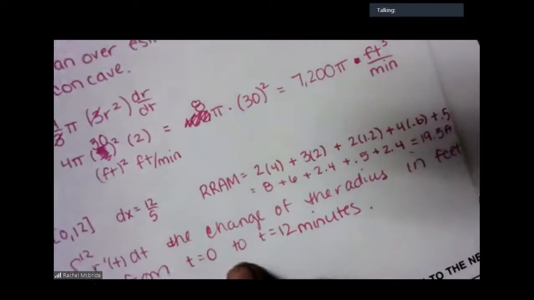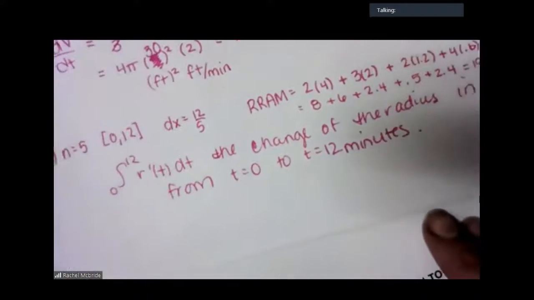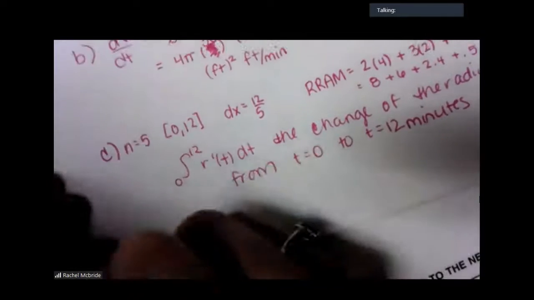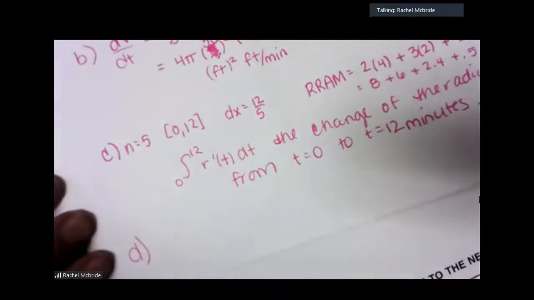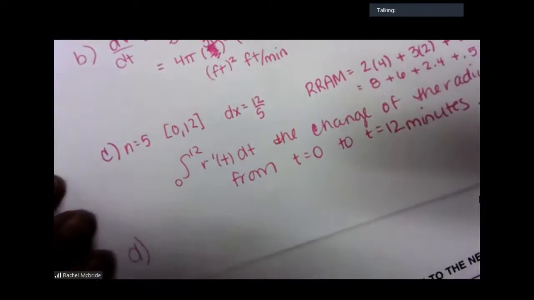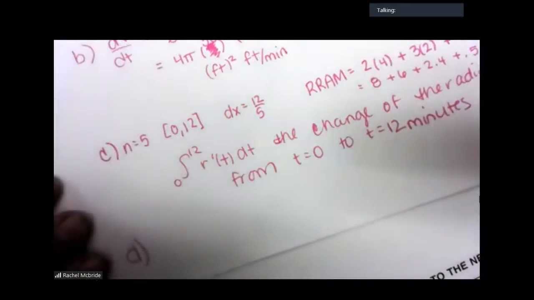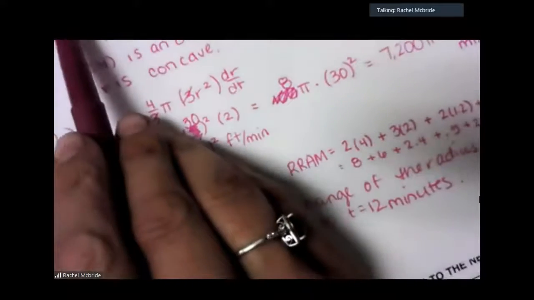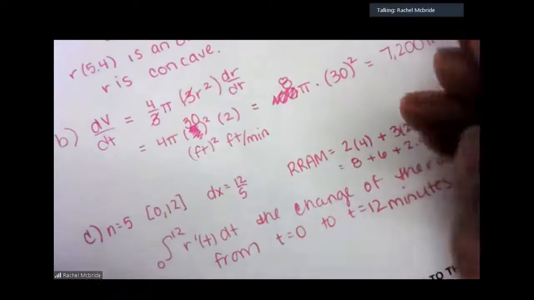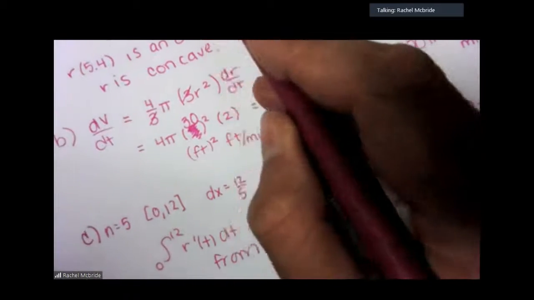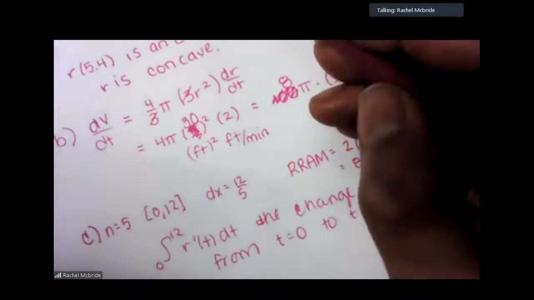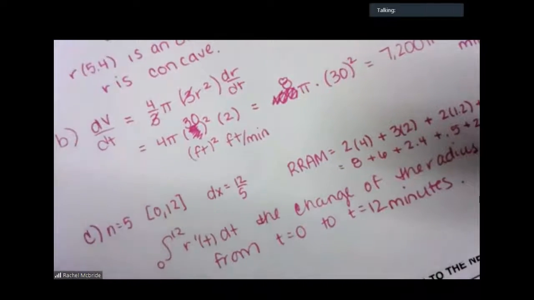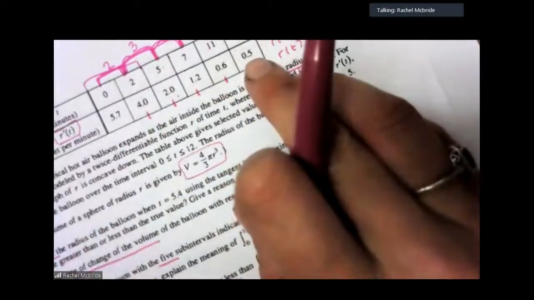Okay. Part D: is my approximation in C greater than or less than the actual? So these data points are all positive.